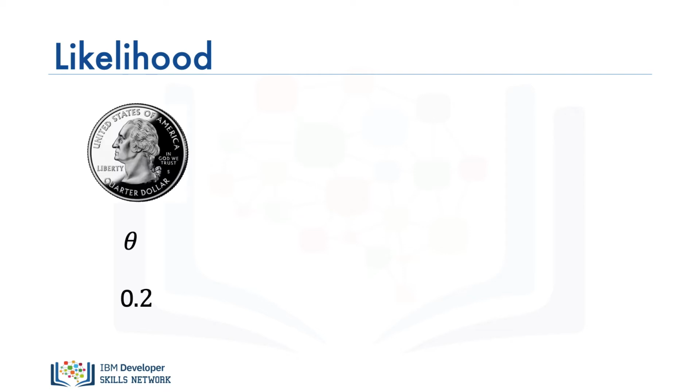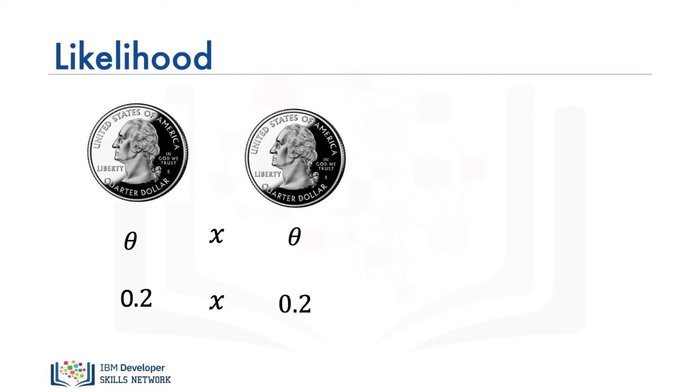We can calculate the likelihood of a sequence of events by multiplying the probability of each individual event to obtain the likelihood. Consider the following sequence of 3 events. For the first flip, we have a head, and the probability of observing a head is 0.2. Consider the second flip. We observe a second head. For calculating the likelihood of this sequence, we can simply multiply 0.2 by 0.2.